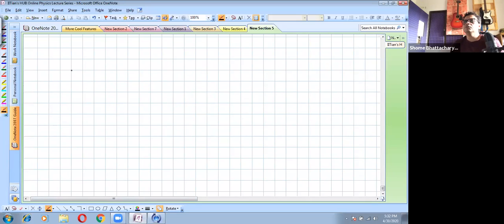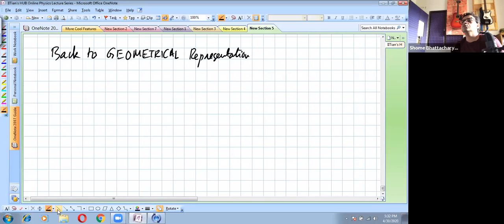Now the next thing we will see is some additional theorems. So we will now for some time go back to the geometrical representation of vectors, and in that we will see some useful special theorems.